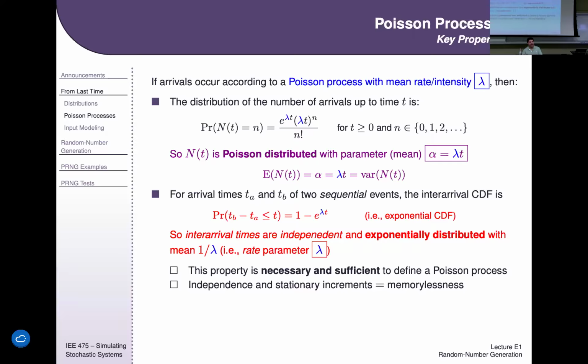But they're related, but Poisson is always discrete. Exponential is always continuous. So that's a key thing to remember between these two. Exponential is the time between arrivals. Poisson is the count of arrivals in a time. Any questions about that distinction? And both of these are bundled together in a Poisson process.